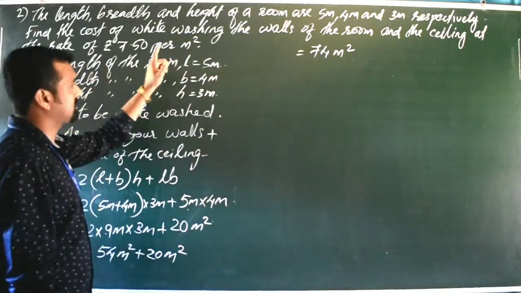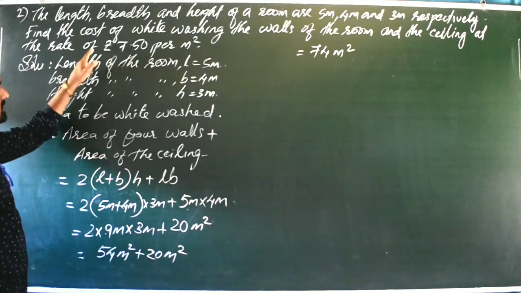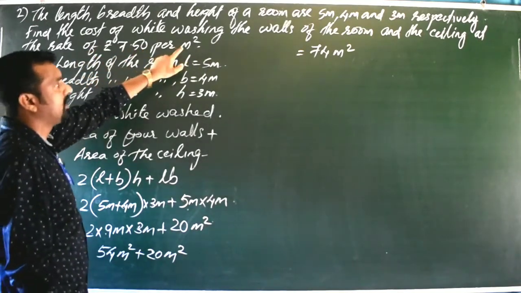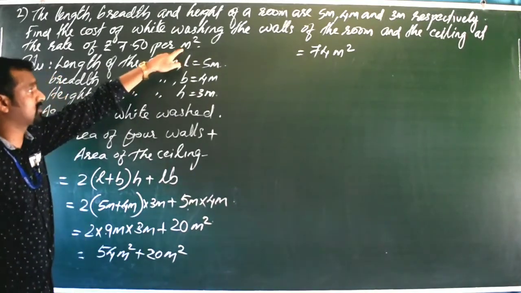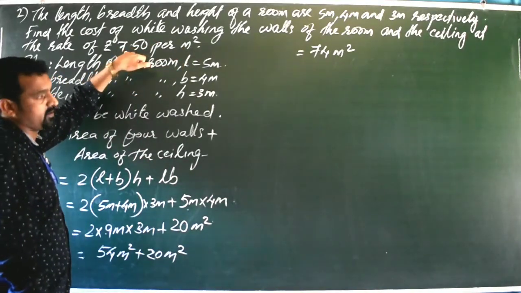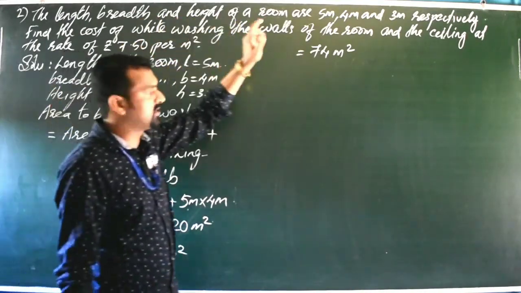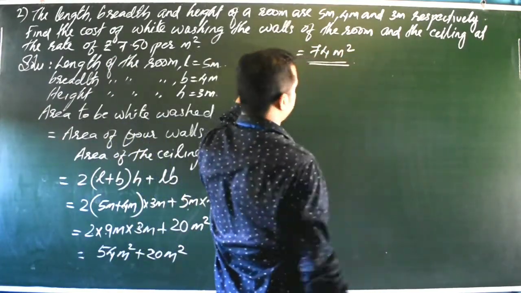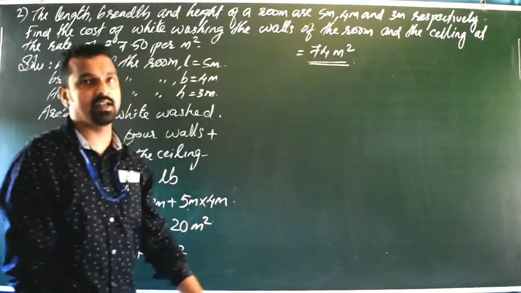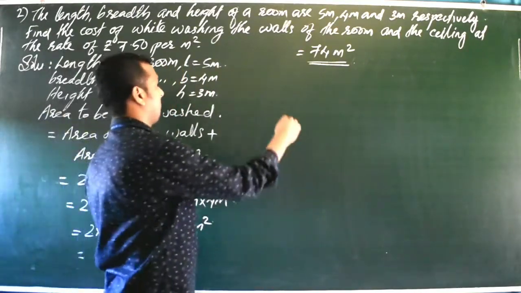Then here in the question it is given, the cost of whitewashing is rupees 7.50 per meter square. That means for whitewashing 1 meter square area we have to give rupees 7.50. Now 74 meter square area, the 4 walls and the ceiling, we have to whitewash. Then what is the cost of whitewashing?